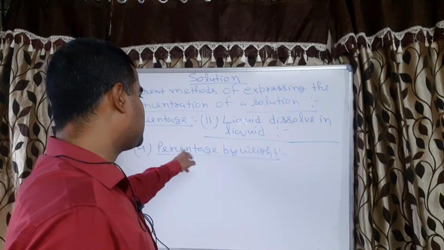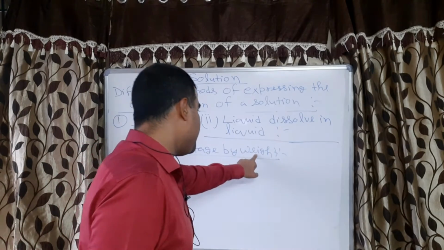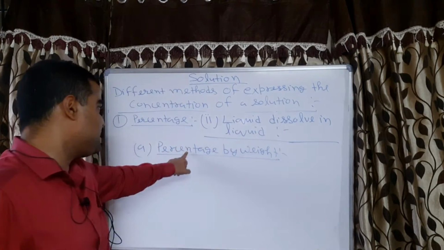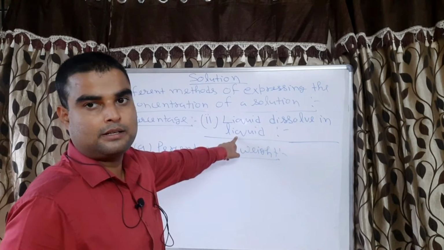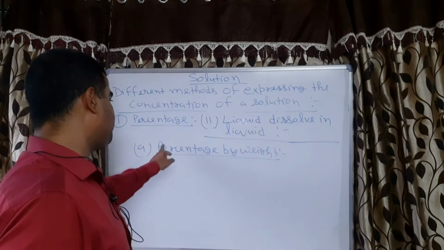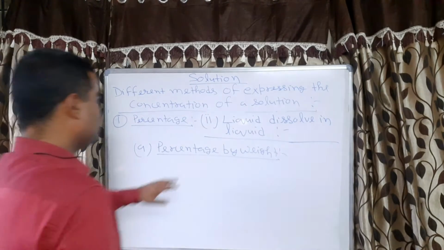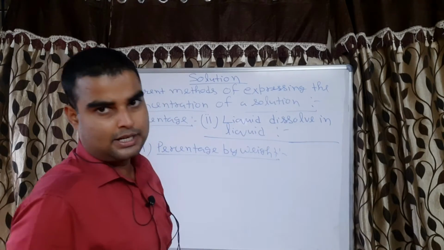So what is the percentage by weight? Percentage by weight means weight of the solute dissolved in 100 gram of the solvent. That is called percentage by weight. It means this is similar to the solid dissolves in liquid.